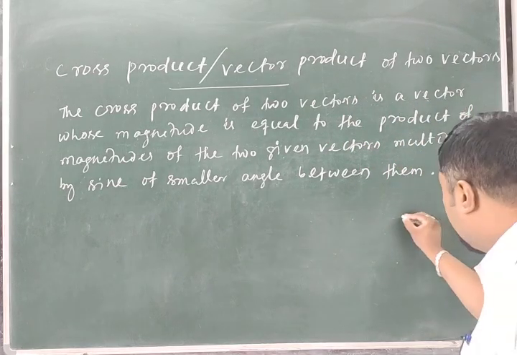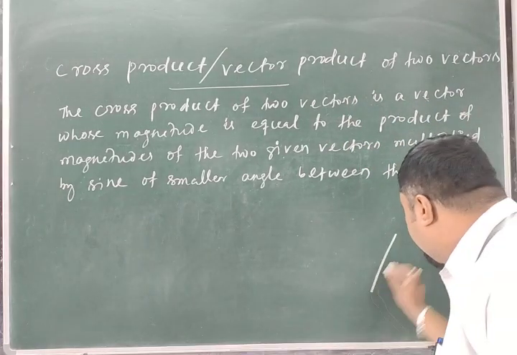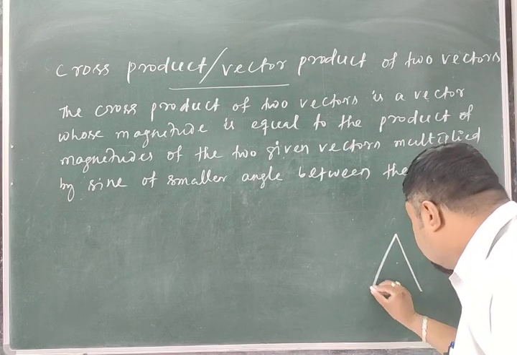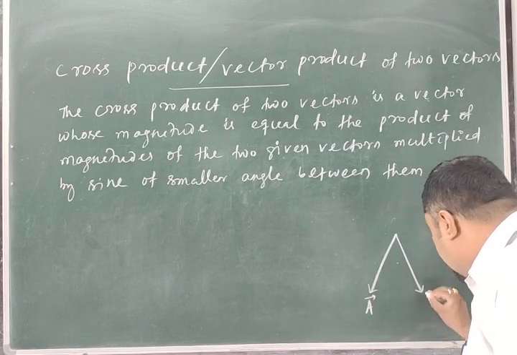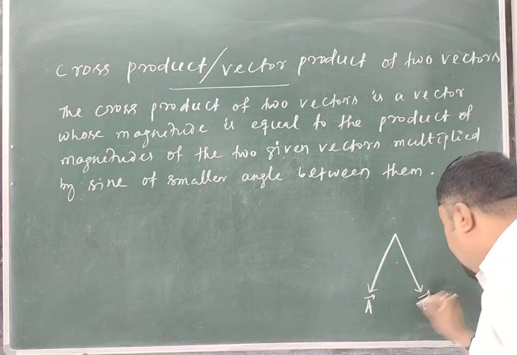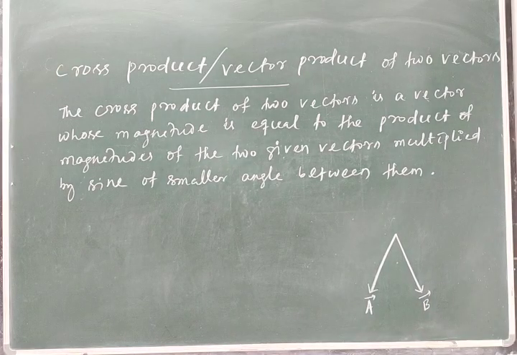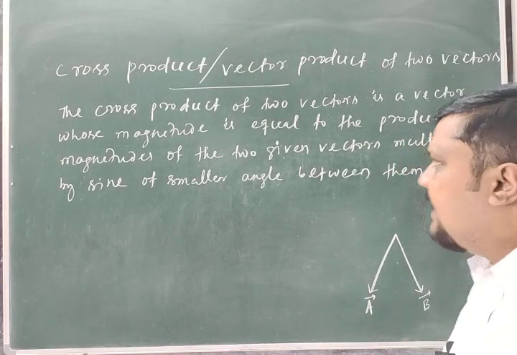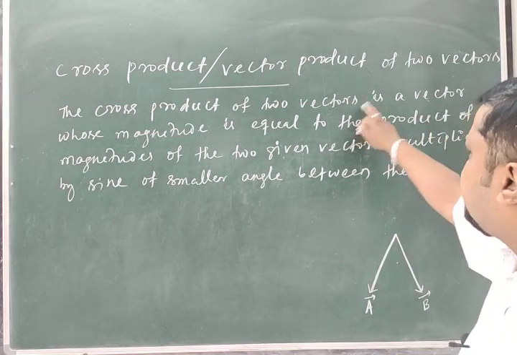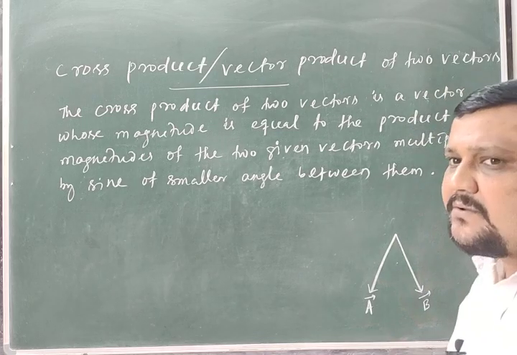Let me show you. Let the vectors A and B be given like this. Suppose this is the vector A and this is the vector B. If I do the cross product of these two vectors, the cross product is a vector.